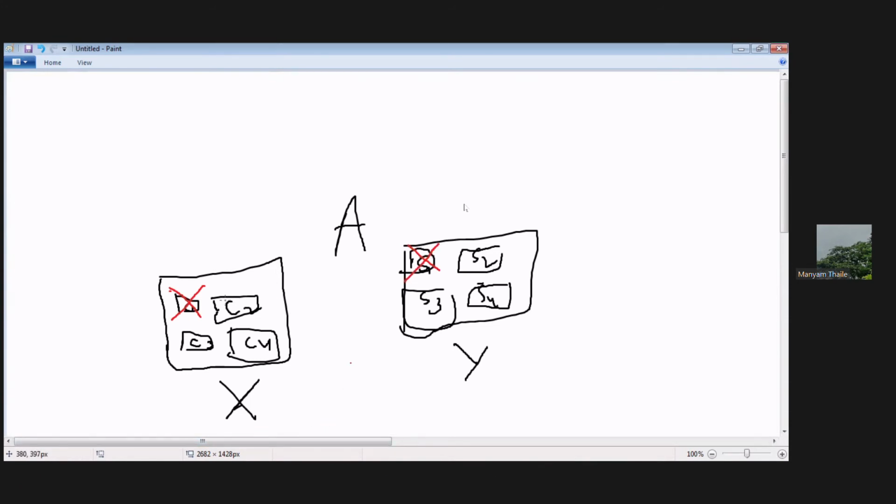Again he comes to the second bag in room X and marks it, and again comes to room Y and marks it. Again comes here, marks it. Again comes here, marks it. Now again comes here, no bags. Again comes here, no bags. So the number of bags are equal.